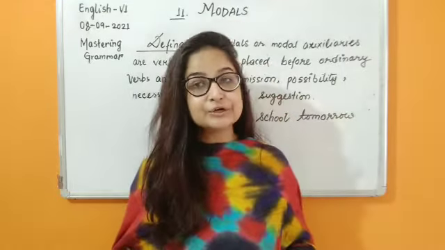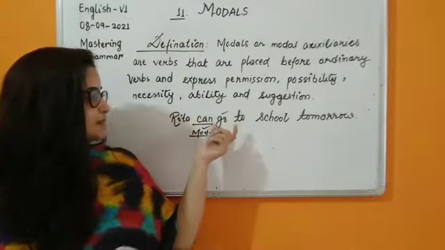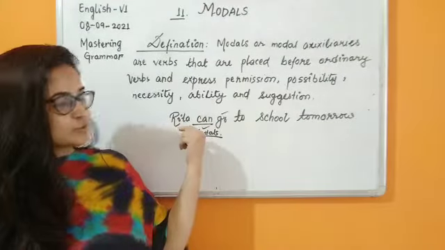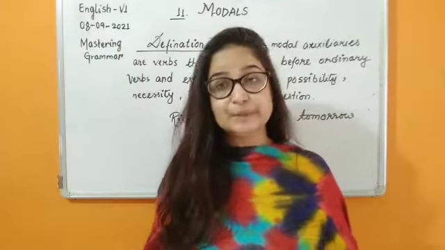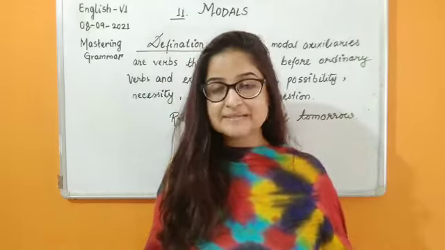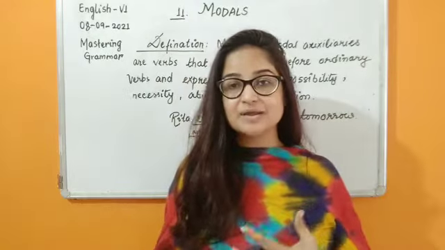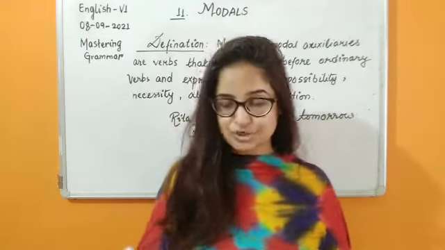You should know that they are verbs. They come before main verbs, like here this main verb was go and can was used before the main verb go. They express permission, possibility, chances, one's ability, necessity, certainty, and suggestion.